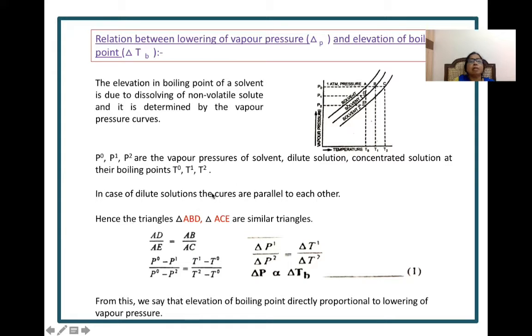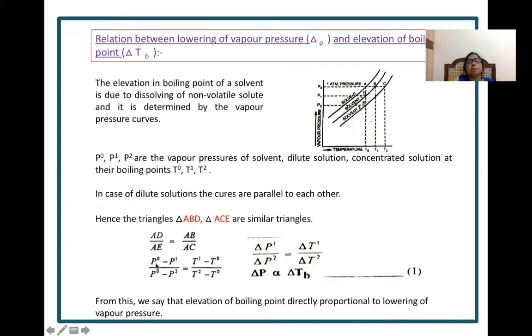Hence the triangles ABD and ACE are similar triangles. So then AD by AE is equal to AB by AC.